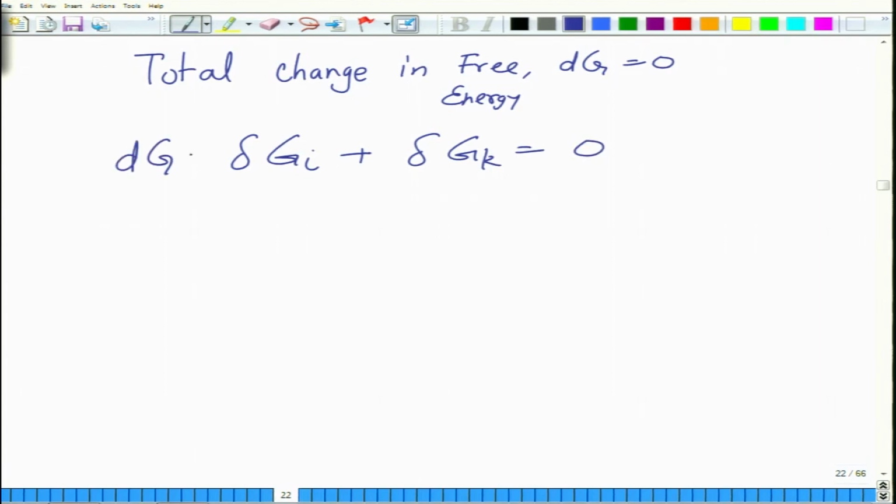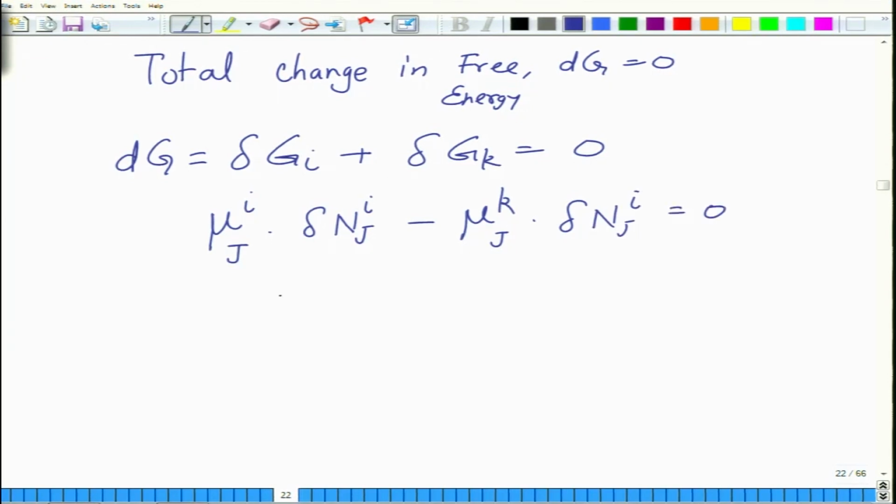Substituting, this is mu ji multiplied by del Nji minus mu jk into del Nji, and this is equal to 0. Basically what it means is that mu ji is equal to mu jk, and that is what we said earlier.